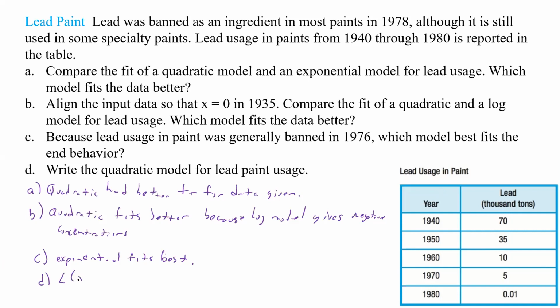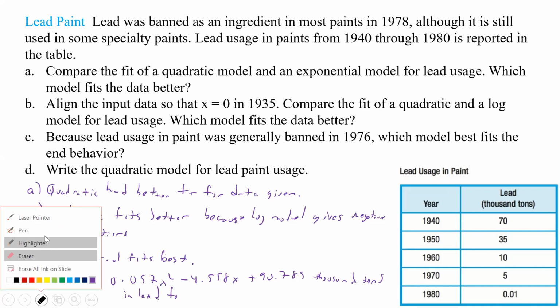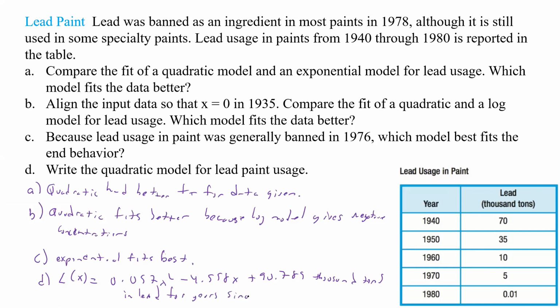We can say maybe L of x equals 0.057x squared minus 4.558x, and I think it was plus 90.789, and that's thousands of tons of lead per year. x is years since 1935, because we had said that 1935 was 0, then that's 5, 15, and so on. And so our x goes from 5 to 45.